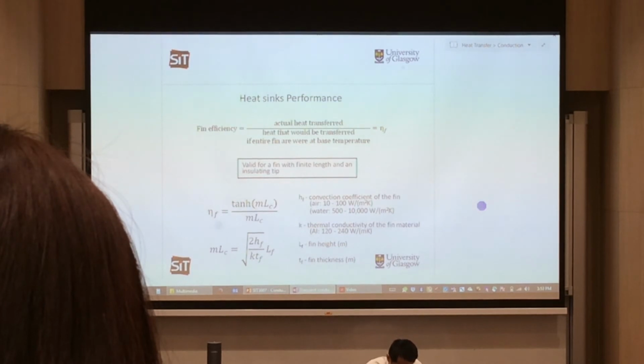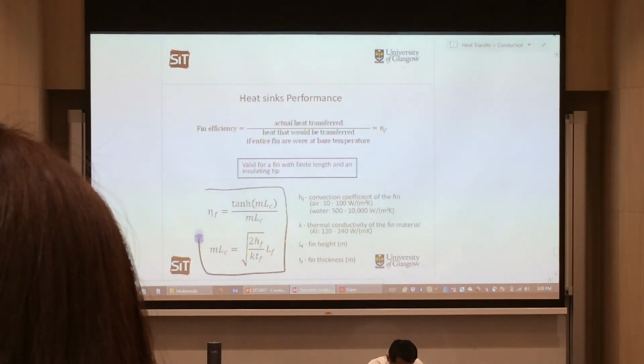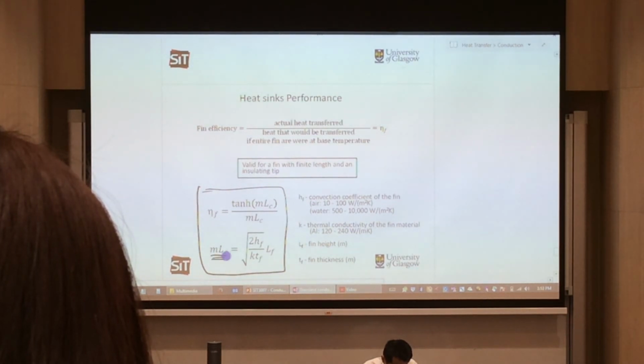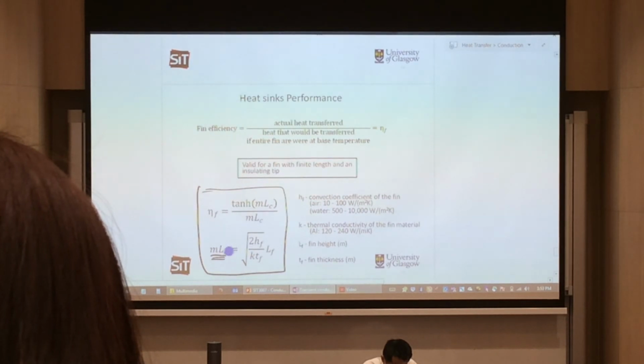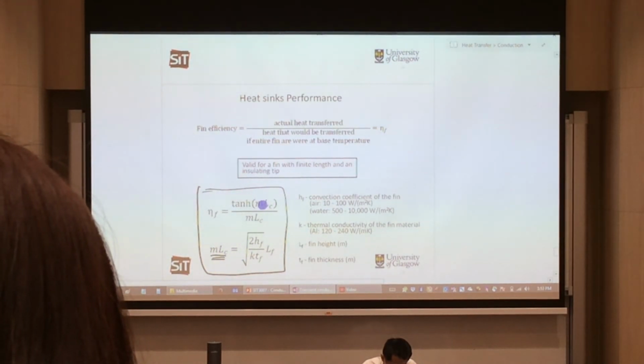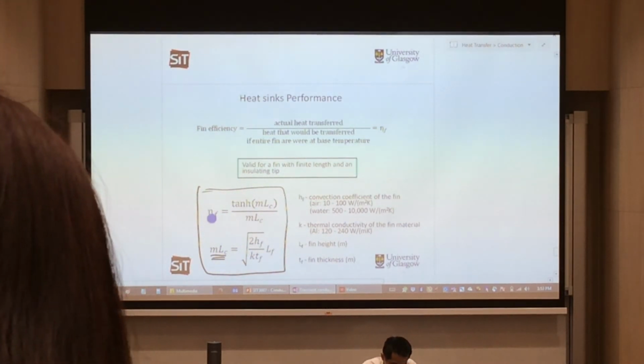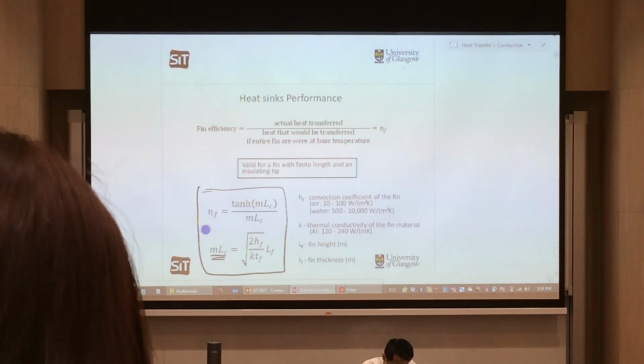And there is this set of equations for your fins. We start by looking at this: mLc. If you find mLc, you substitute it into this equation that allows you to find the fin efficiency.